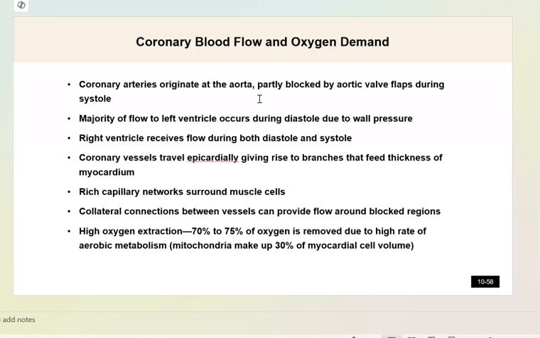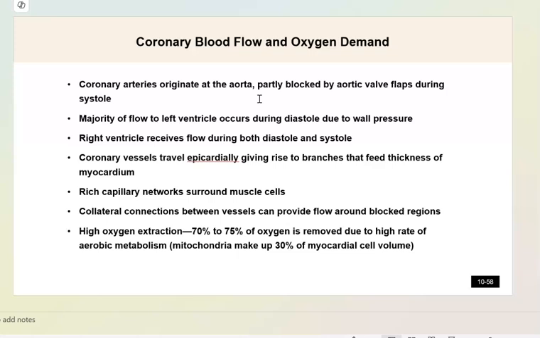Talking about the actual blood flow to the heart itself, to our cardiac muscle itself, let's review this. In normal cardiac function, the delivery of oxygen typically matches myocardial oxygen demands. The heart has very high oxygen extraction of 70 to 75% at a resting heart rate and contractility.